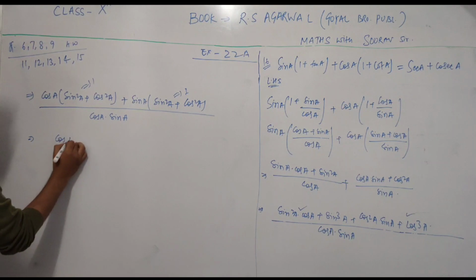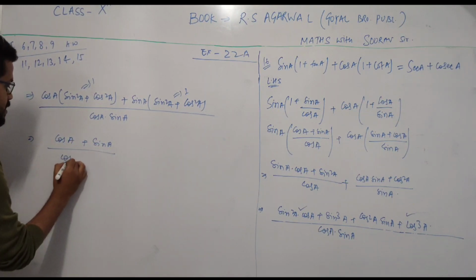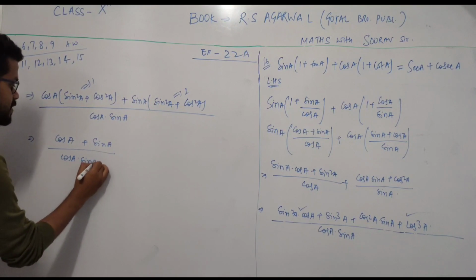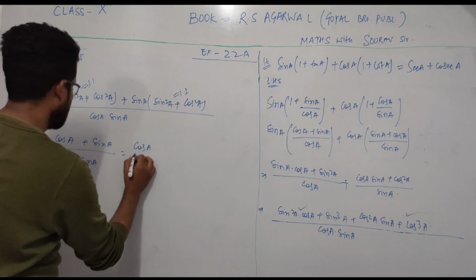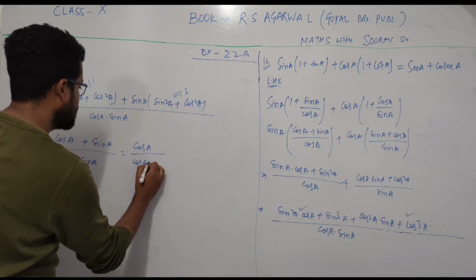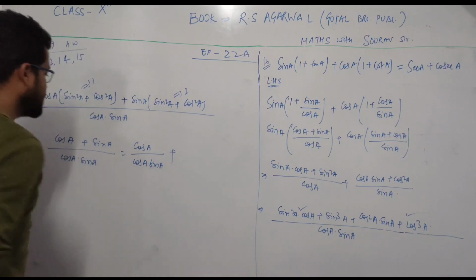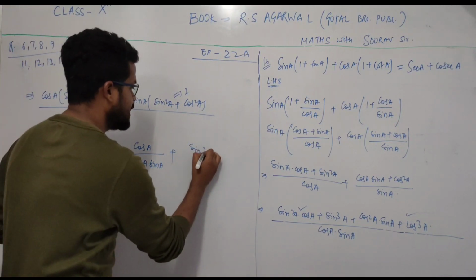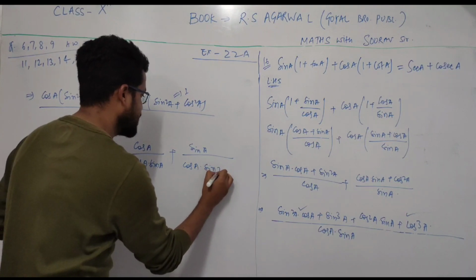So here this is cos A plus this is sin A upon cos A into sin A. So this is cos A upon cos A into sin A plus this is sin A upon cos A into sin A.